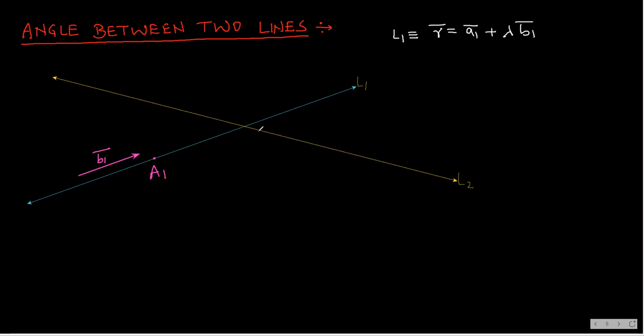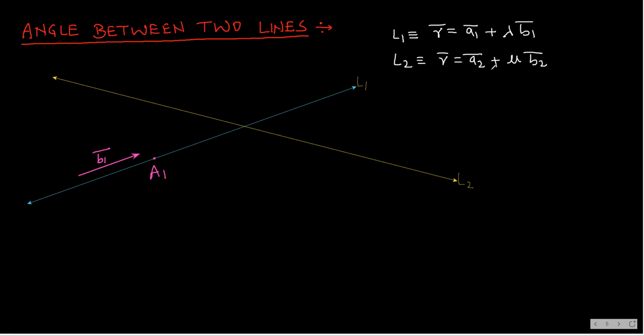Then now I have to write the equation of line L2. L2 is R bar equals A2 bar plus mu B2 bar. Lambda and mu are parameters. They could be any real number.